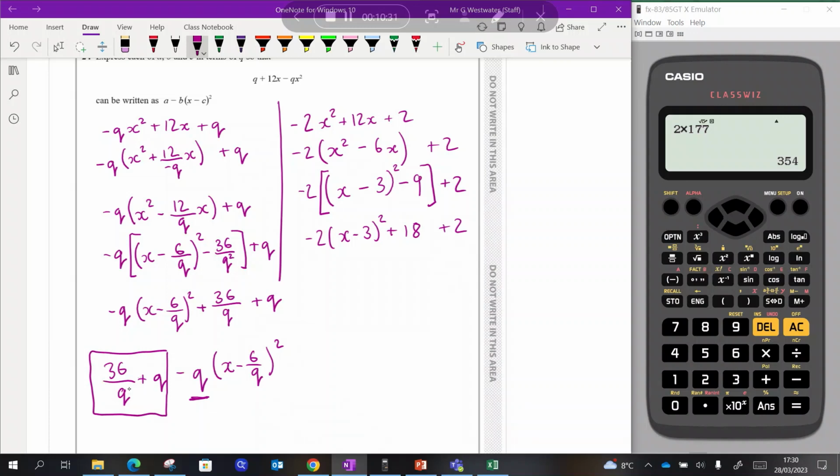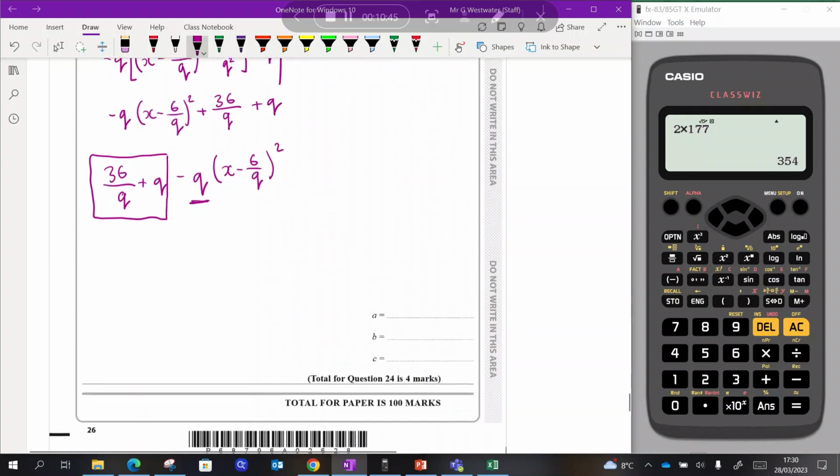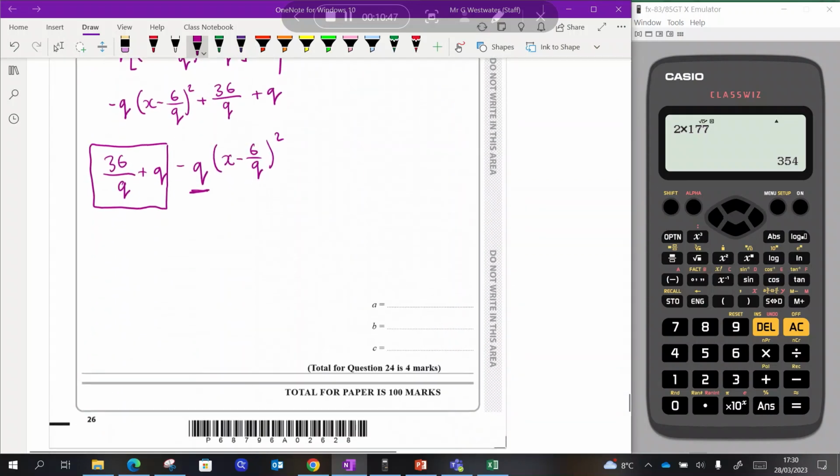We could write it as one fraction, 36 plus q squared all over q, but I would just leave it like this. So a, the number in front, is 36 over q plus q. b is q, and c is 6 over q.